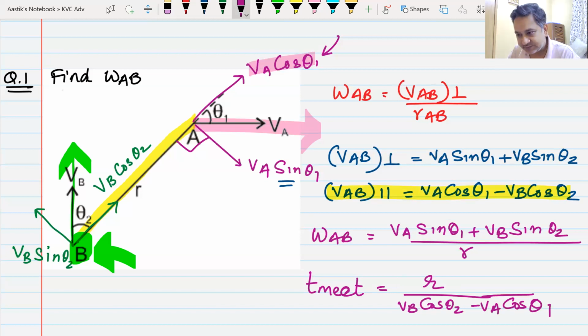Do we understand this? Yes, sir. It becomes a simple case of B catching A or A catching B.